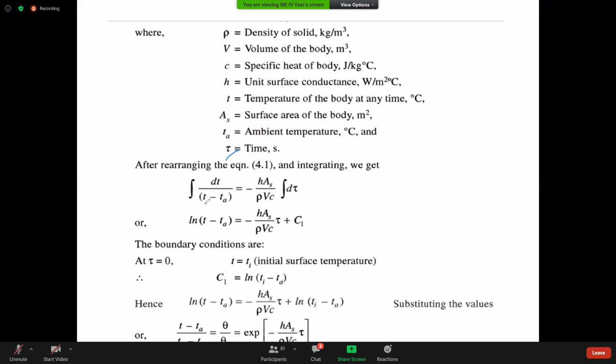Next, I'm rearranging the above equation. What I'm doing is, this side was hAs into T minus T infinity, I brought this to this side. And whatever parameters are there, I brought to this side. This dT and d tau also I brought to this side from the previous equation.